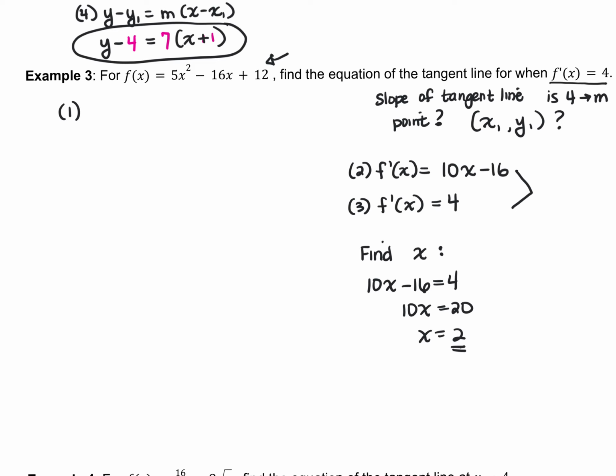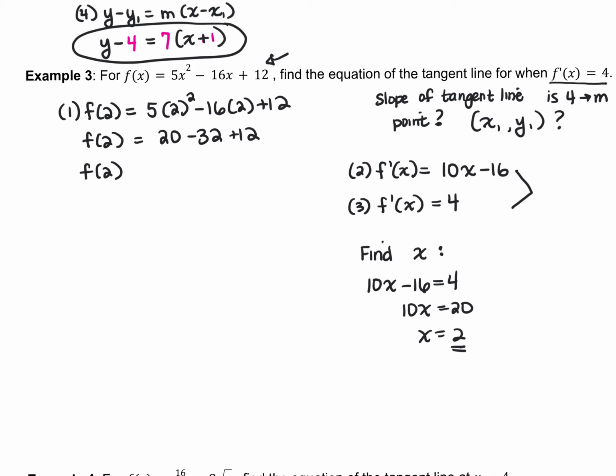So I had to find a way to find that first. Well, now that I know what the x value is, I can plug that back into my original function. So I would have 5 times 2 squared minus 16 times 2 plus 12. And we get, that's 4, that's 20, minus 32 plus 12. And that's just going to be 0.